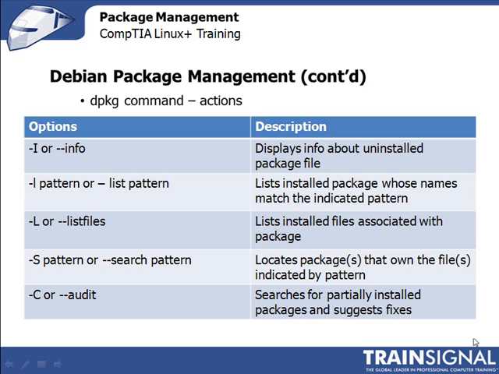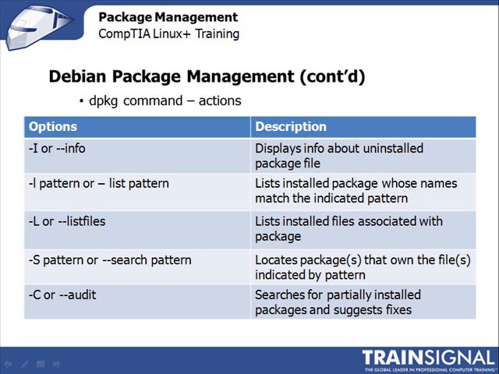This also requires the package file name along with the extension. -l pattern or --list pattern lists installed packages whose name matches the indicated pattern. -L or --listfiles lists installed files associated with the package. -S pattern or --search pattern locates packages that own the files indicated by the pattern. And -C or --audit searches for partially installed packages and suggests fixes.